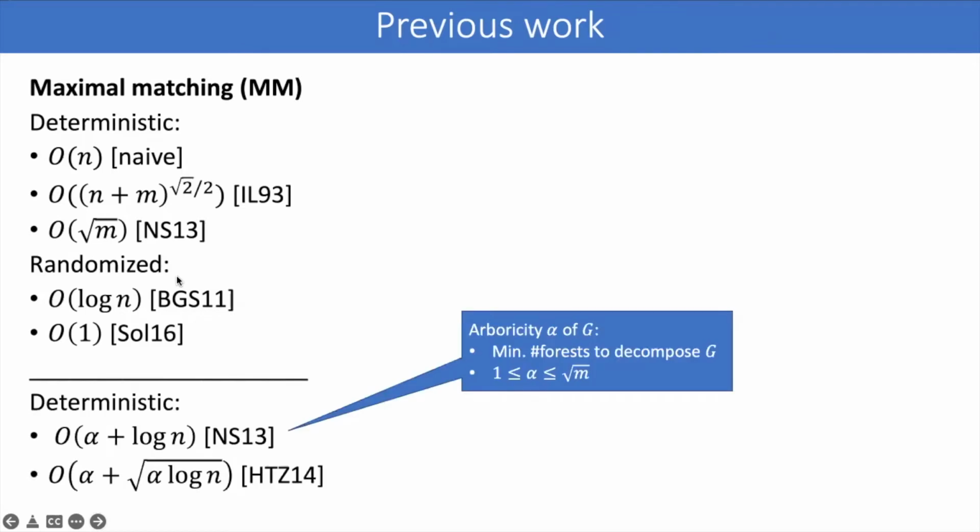There are also results for bounded arboricity graphs. Arboricity of a given graph G is the minimum number of forests required to decompose G, and this is a parameter that ranges from 1 to square root of m. Note that the state-of-the-art deterministic algorithm for general graphs has polynomial update time.